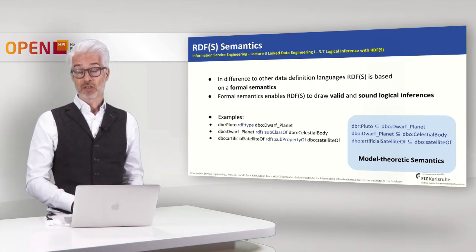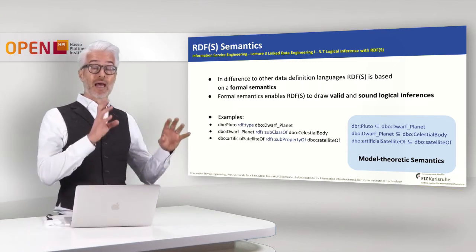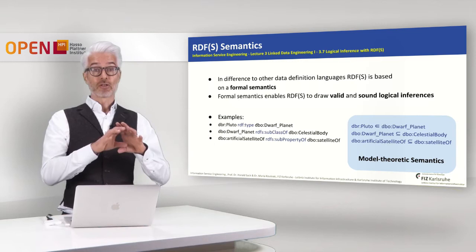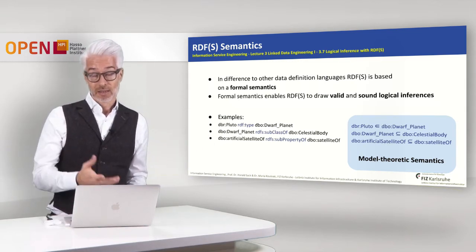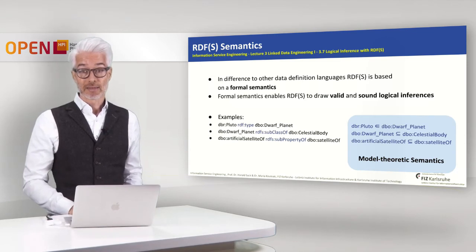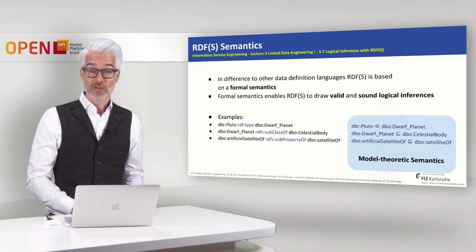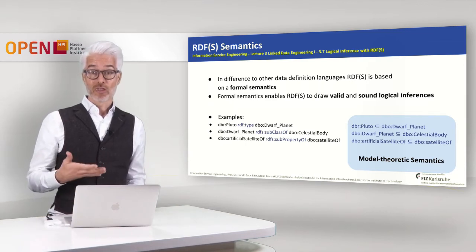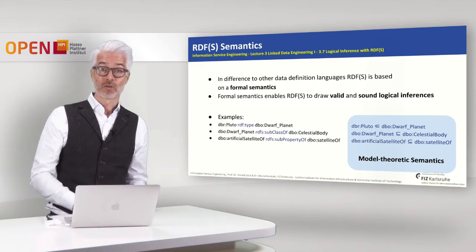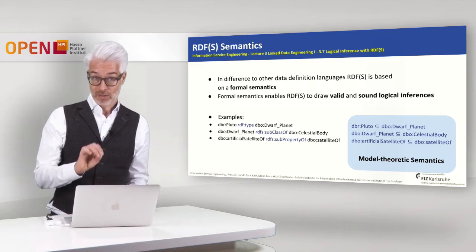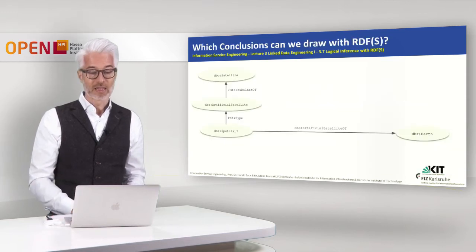This can simply be achieved by representing these properties by the elements of domain and range which are connected by the property. This is called the property extension, and then this can be treated like a class. And then you have here a set-based model which defines the so-called model theoretic semantics of RDFS. And based on that, you can draw conclusions, sound mathematical conclusions. We will have a few examples on that.